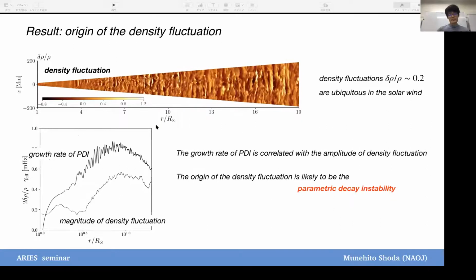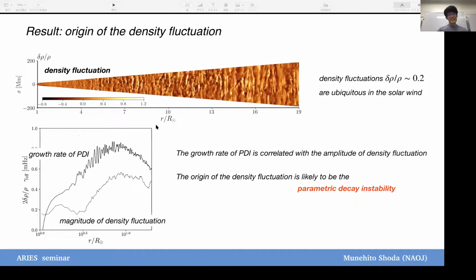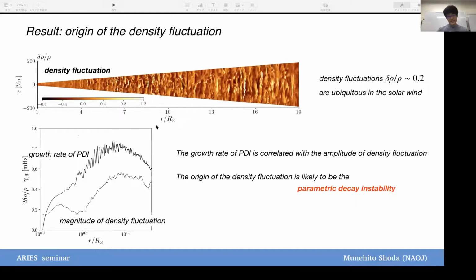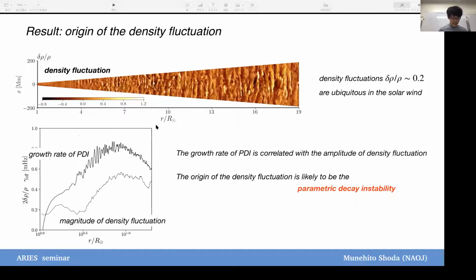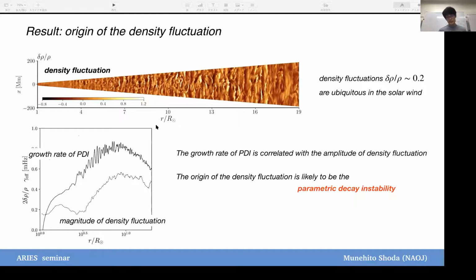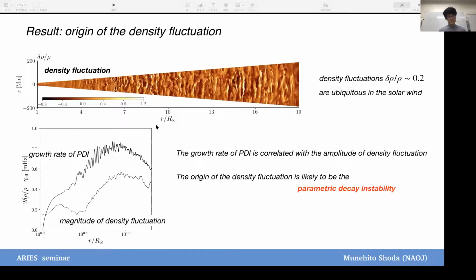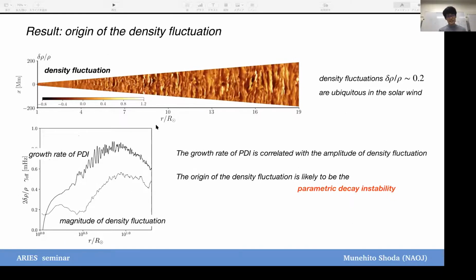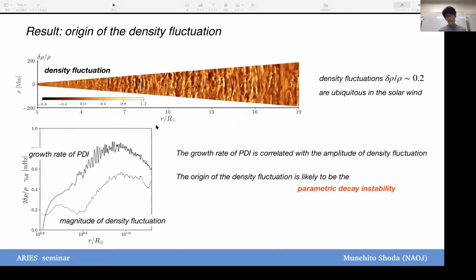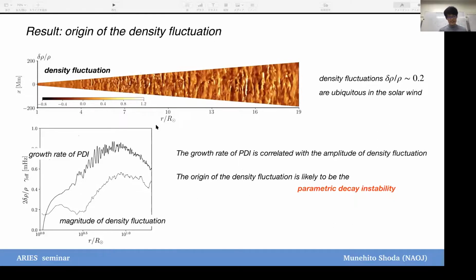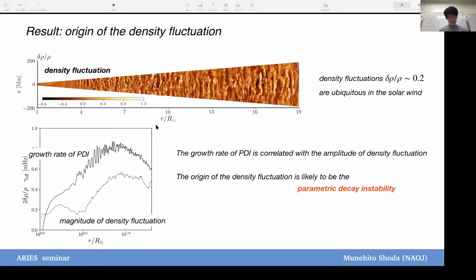So we have a problem that we cannot very accurately observe the density fluctuation in the solar wind, because the density is measured by observing the distribution function, and accurately observing the distribution function is very difficult. So we always have an error bar in the density of approximately 10 or 20%.